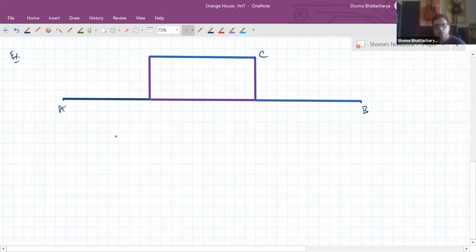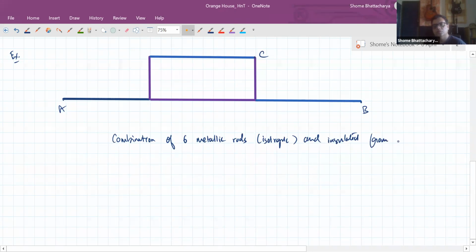So this is a combination of 6 metallic rods which are isotropic and insulated from outside.